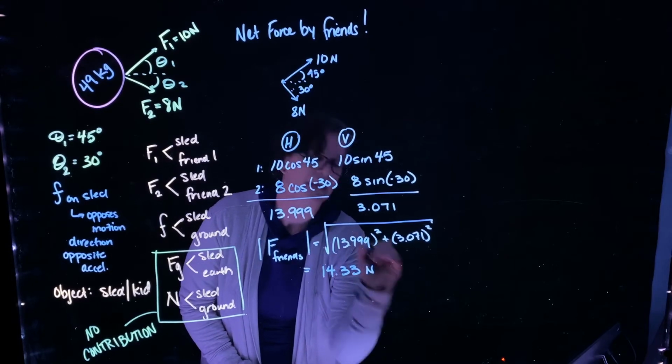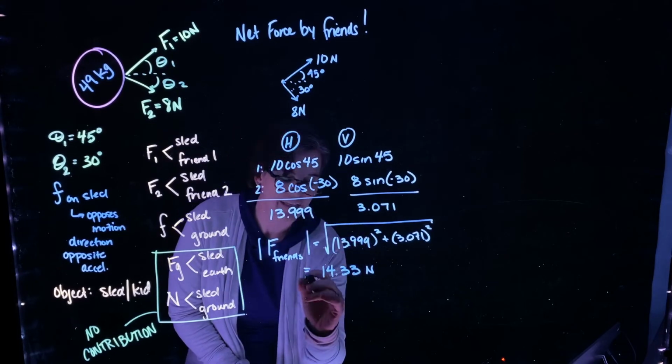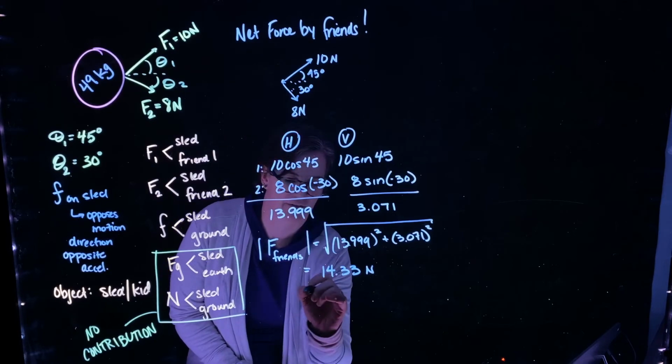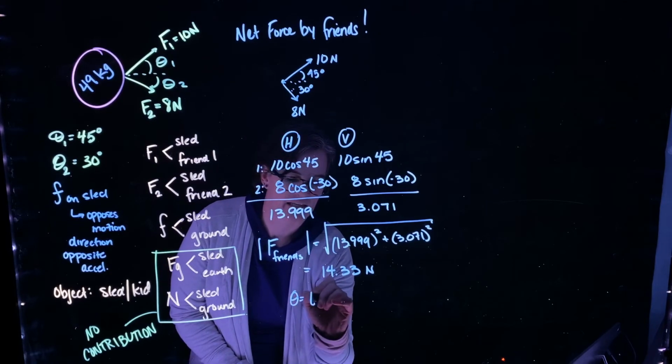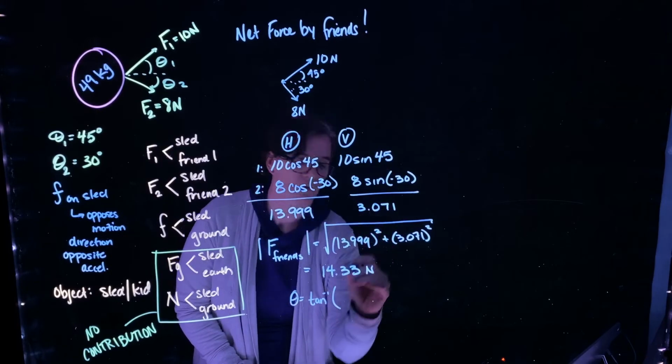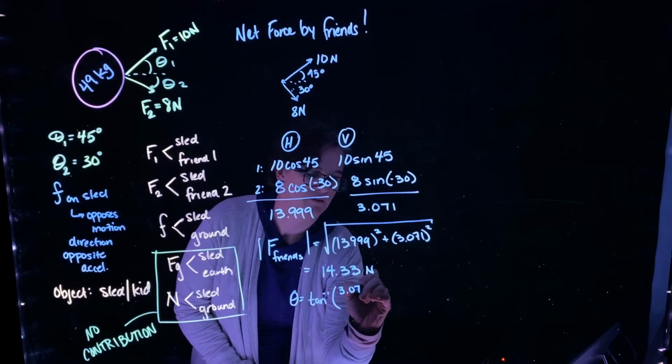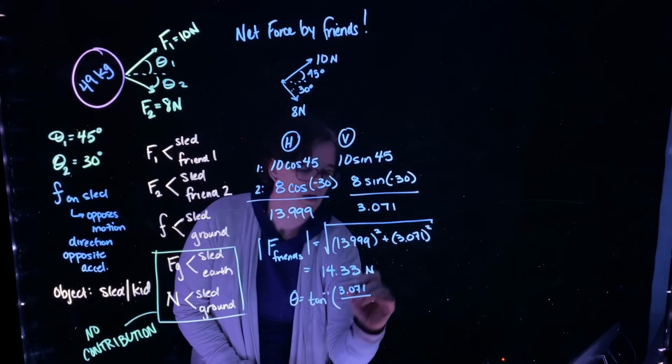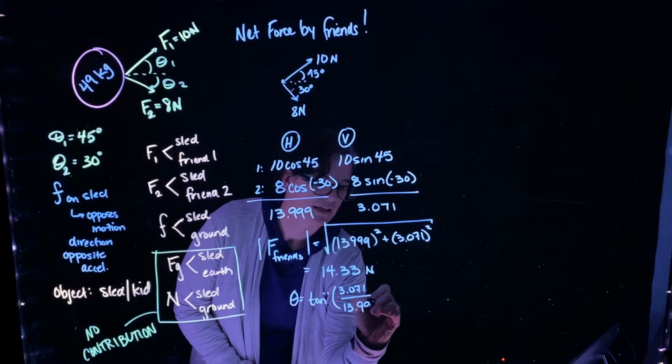newtons is the magnitude of that net force, and the direction of that net force is going to be the inverse tangent of my vertical component, 3.071, over my horizontal component, 13.999.